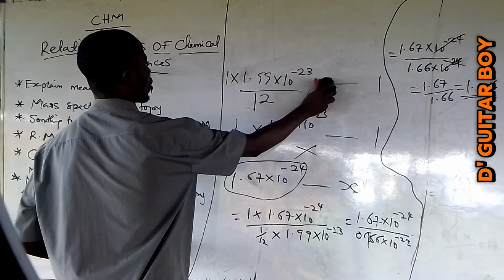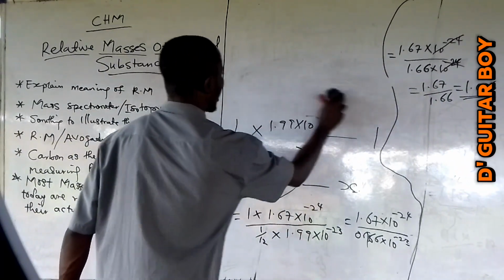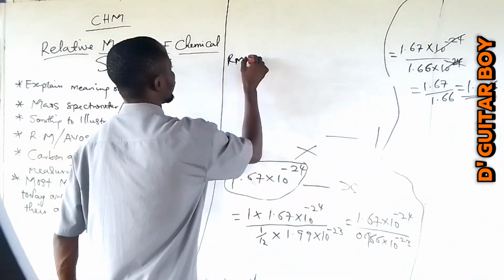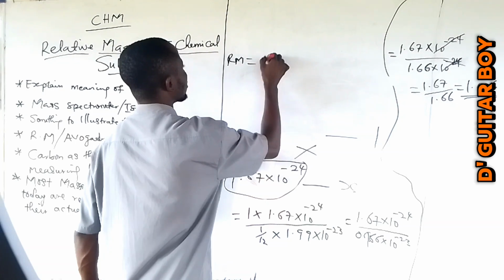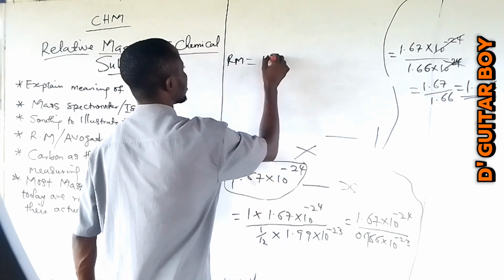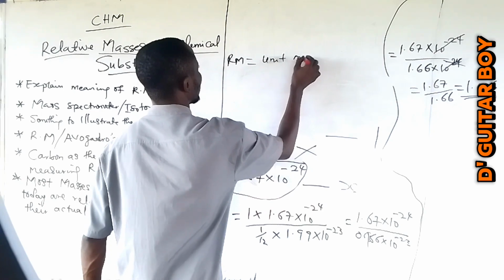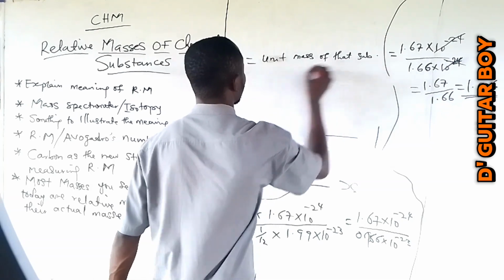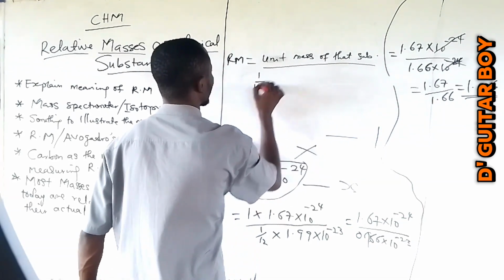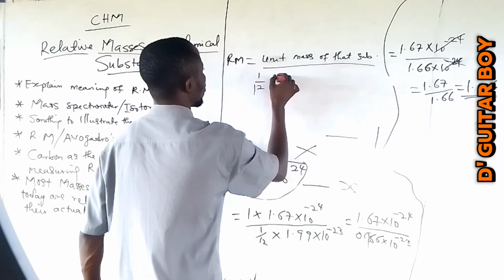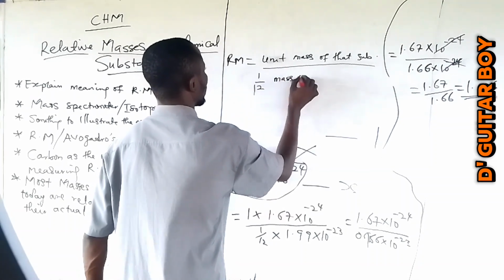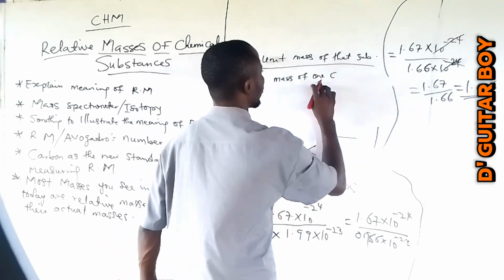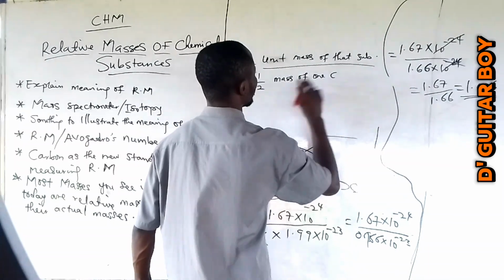Relative mass of a substance is equal to the mass of that substance all over 1/12 the mass of one atom of carbon 12.